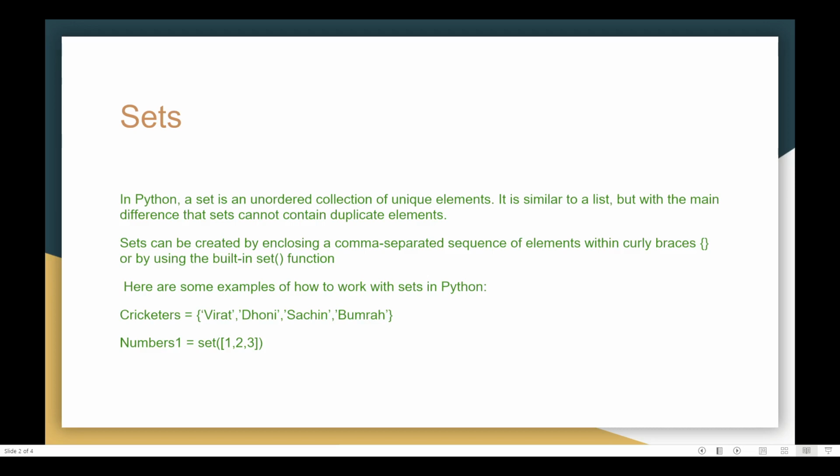So we can see that we have created a cricketers variable in which we have used curly braces, and there are four names: Virat, Dhoni, Sachin, and Bumrah. This is one way of creating a set. Another way of creating a set is set1 equals set, where we have used a round bracket first, and inside that we have created a list 1, 2, and 3.